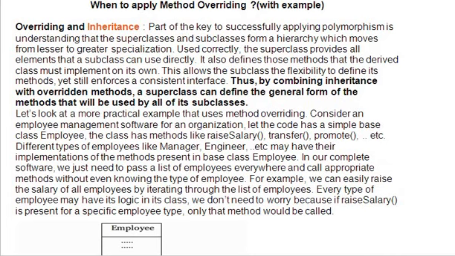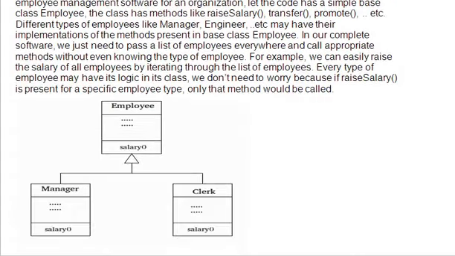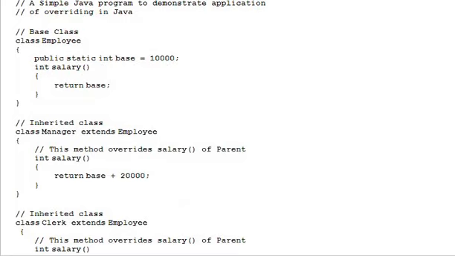We'll see a simple example here. What is the class name? Employee. We have public static int base equal to some 10,000, and we have method salary, which returns the base salary. From Employee, Manager is created. We have salary here, and this method overrides the salary of the parent class, returning base plus some amount, 20,000. From Employee, Clerk is created. Again in Clerk we have the method salary.